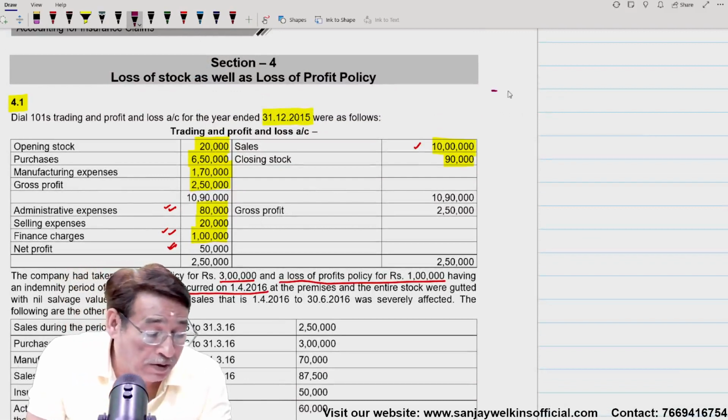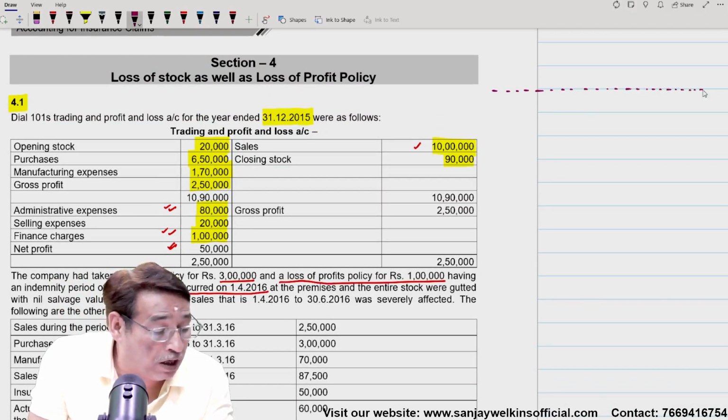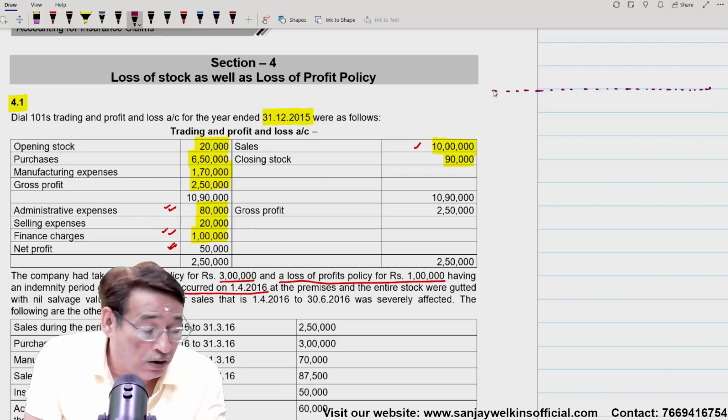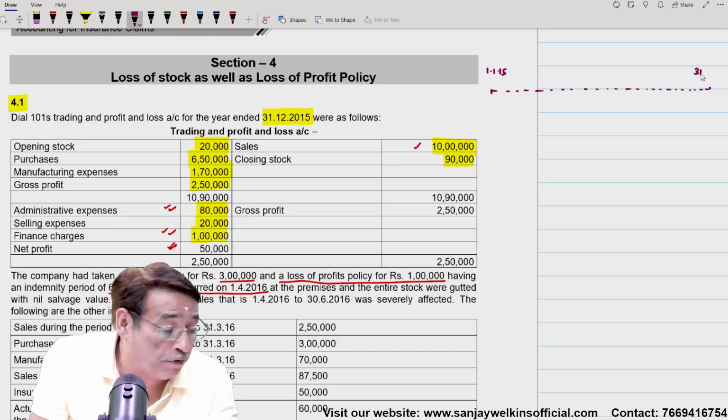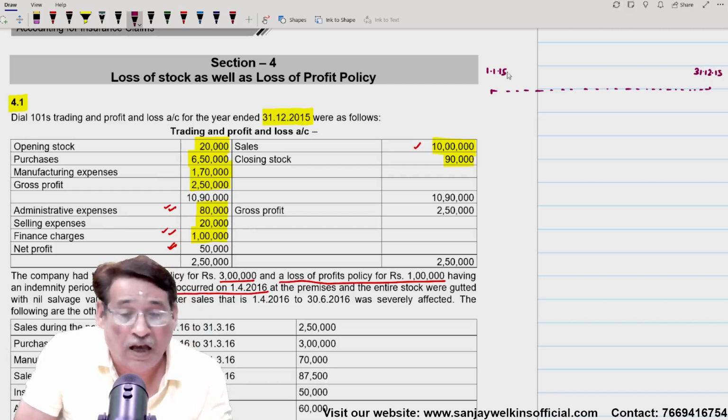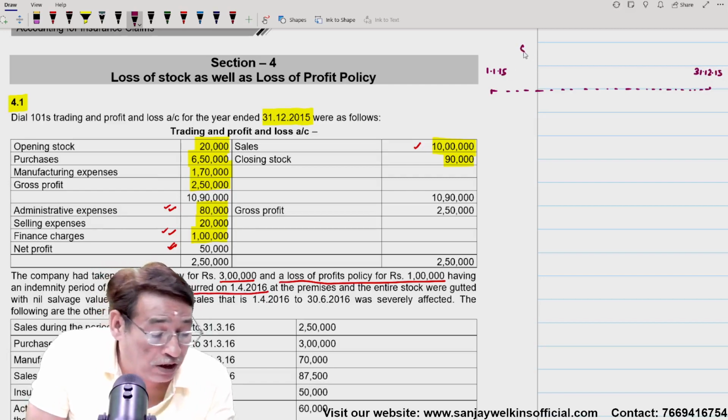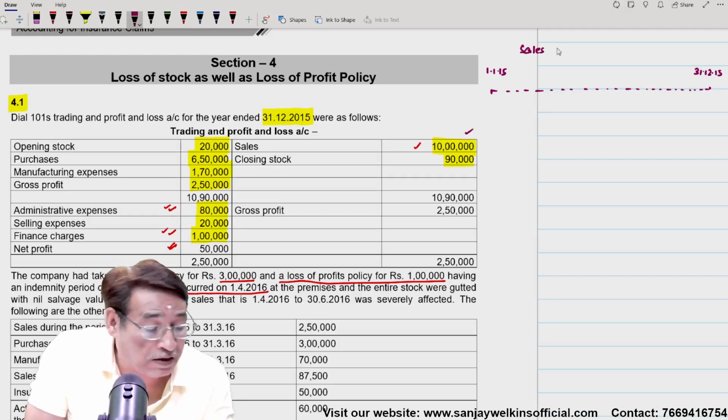We have already seen that this is the last year, and full-fledged information of the last year is given to you. This is your last year, which is starting on 1/1/2015 and ending on 31st of 12/2015. Everything is given. As far as information with respect to last year is concerned, your sales is equal to 10 lakh. It is clearly given in the question.